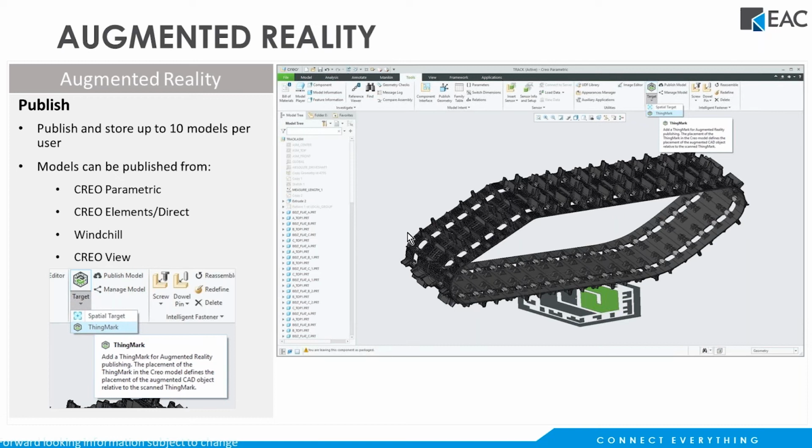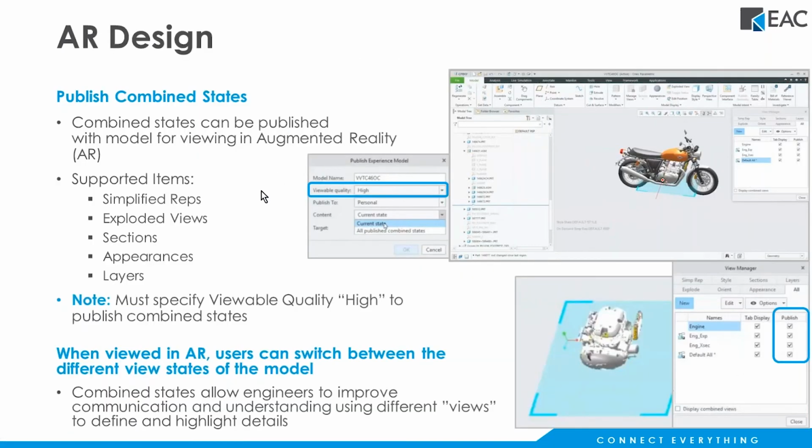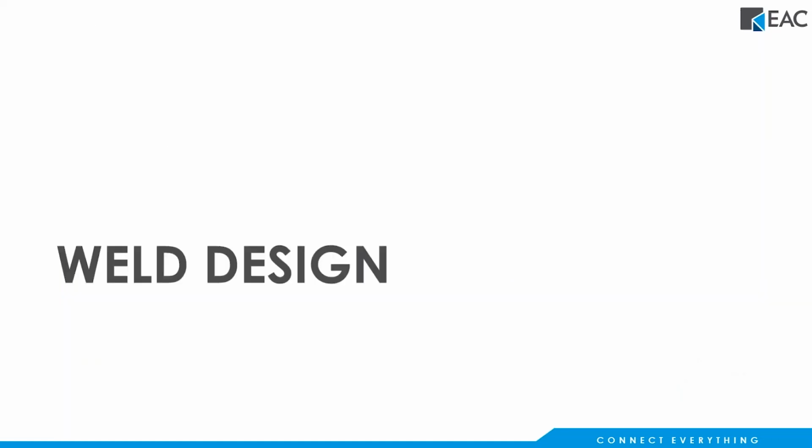It'll send us back a link, and then using Vuforia View, which is a free app, we can call that up on our phone or our tablet or something like that, spin it around, maybe see explode states, things like that. In fact, one of the things, speaking of explode states, is we can publish out those combination states. So we could publish out a simplified rep that is exploded in a certain way or something like that. So something new that's been added with the AR. Again, that's all free, right? It's built in with Creo.